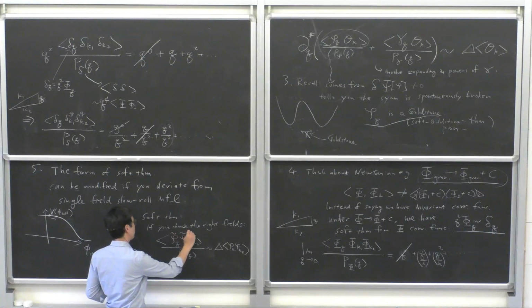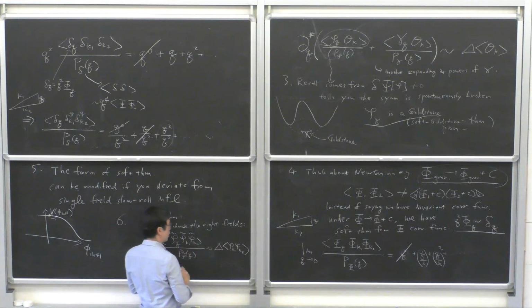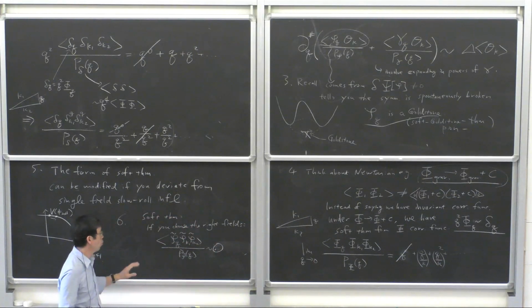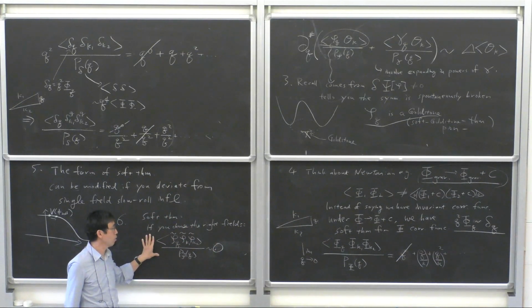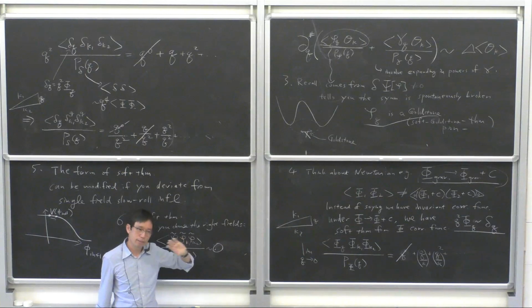Let me put a tilde on top, because you are using a different definition, where the right-hand side is 0. That is certainly true. So when you sometimes hear people say the consistency relation is unobservable, this is actually what they mean. You can choose clever quantities such that there's no right-hand side. Yes, that is definitely true.